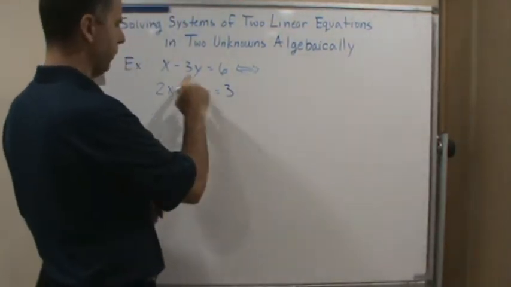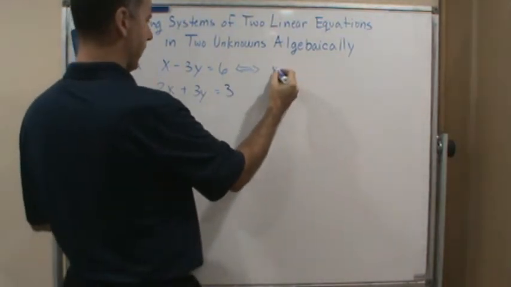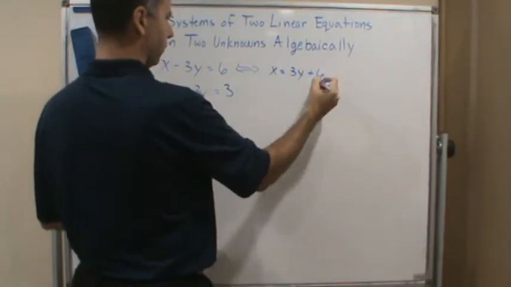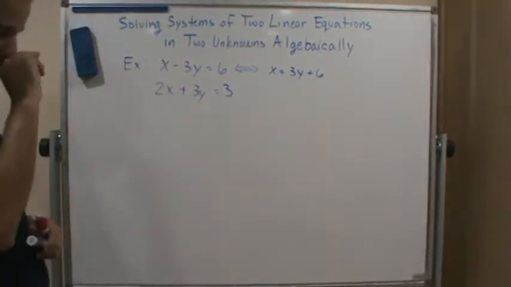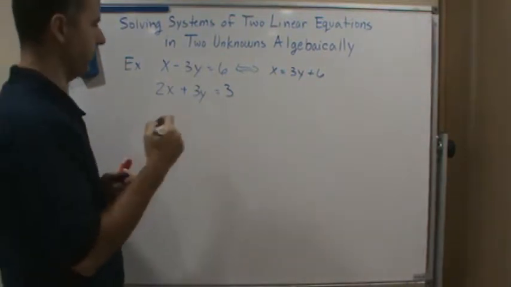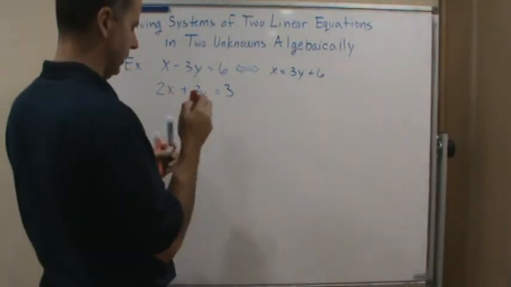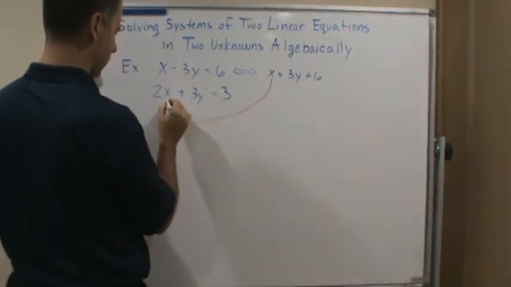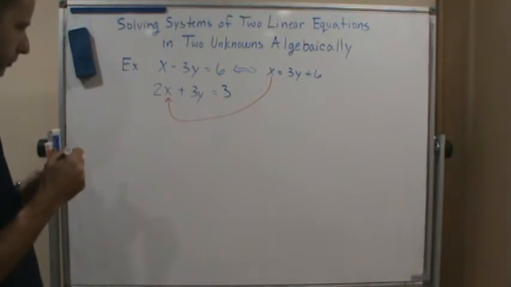Okay, so I'm going to rewrite this one as x equals 3y plus 6. And so now what I'm going to do is substitute this value in for x.